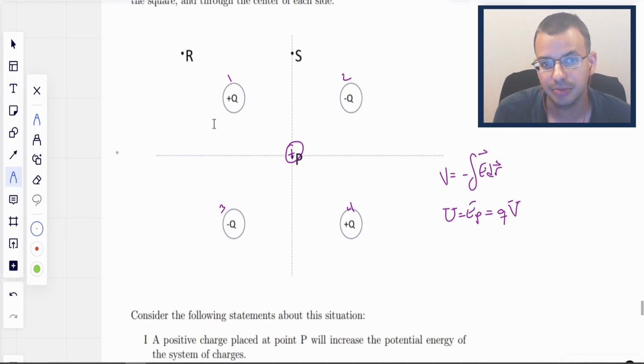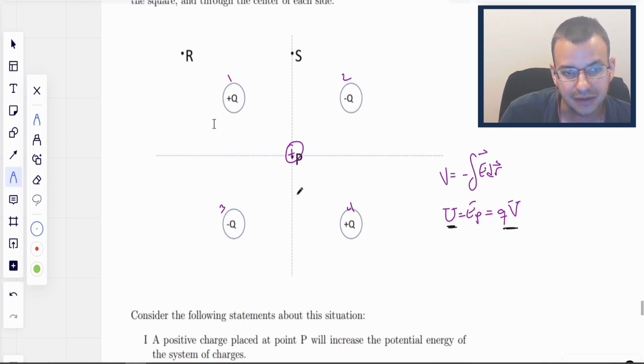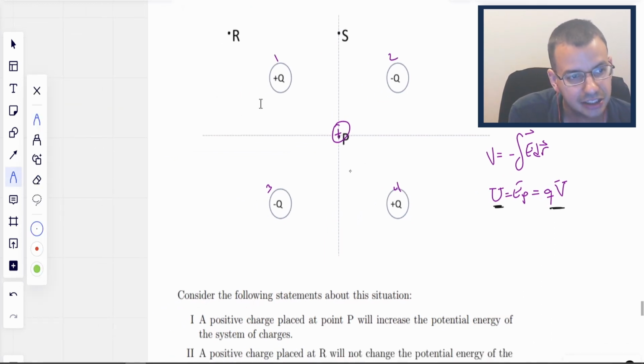So the idea then is if we take another charge and put it at point P, how does this affect the energy? What we're going to work with is the idea that the change in potential energy equals Q delta V, because it's always a delta.